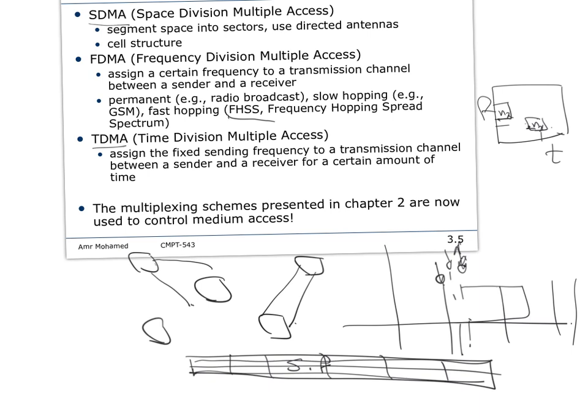So in order to make the interference effect balanced across all nodes, we may use hopping. And that's what we use in Bluetooth. They use frequency hopping spectrum so that they mitigate or balance out the effect of interference.